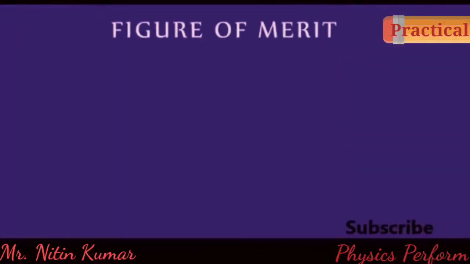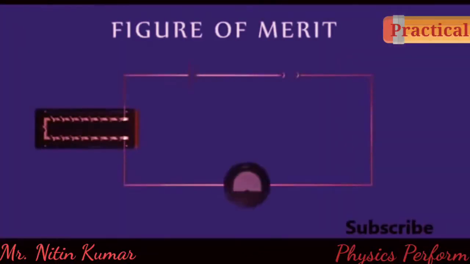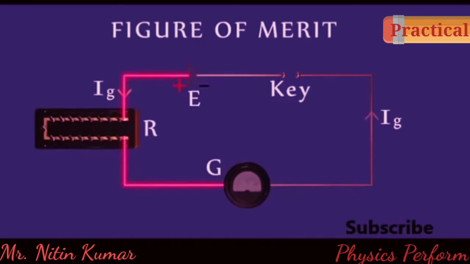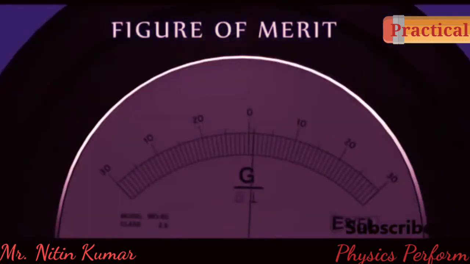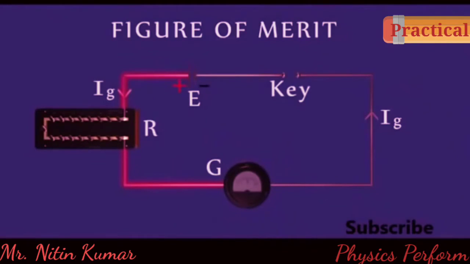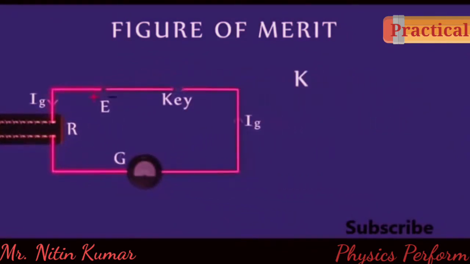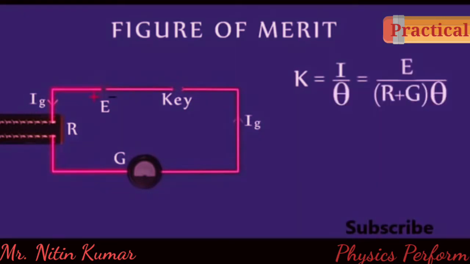To find out the figure of merit, we connect the galvanometer as per the circuit. Here, the current required to produce one division of deflection in the scale of galvanometer is known as figure of merit, which is represented by K. K is equal to I by theta.